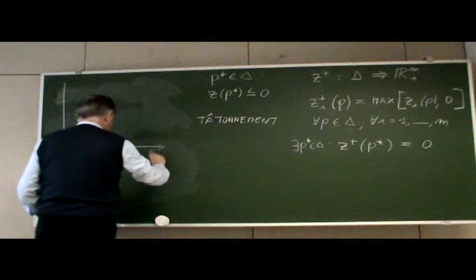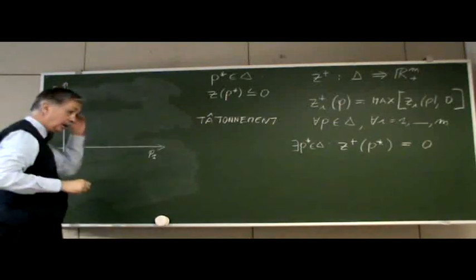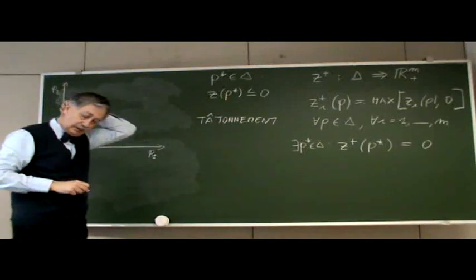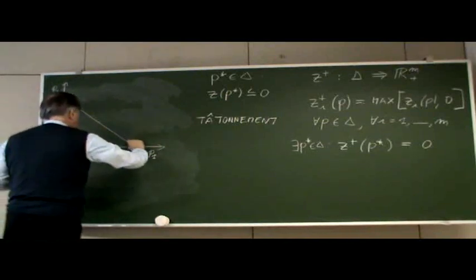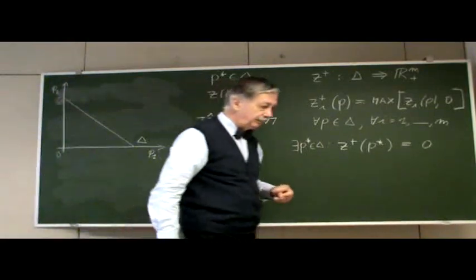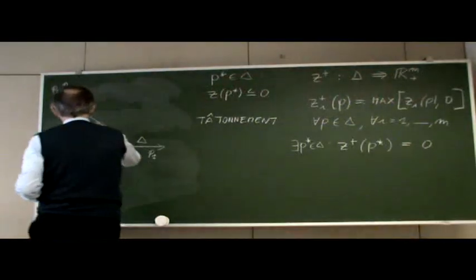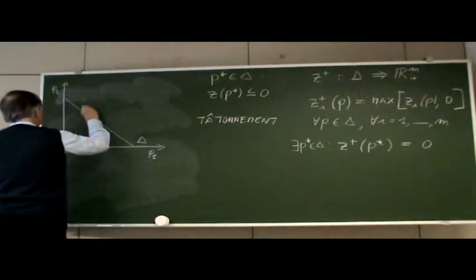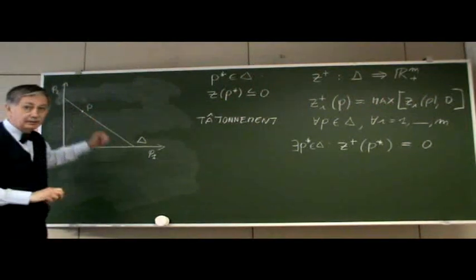Put on the axes the prices. Here, in this case, there are only two goods. This is Delta, large Delta, our unit simplex. Take any price system like this, for example, P. This is this vector.